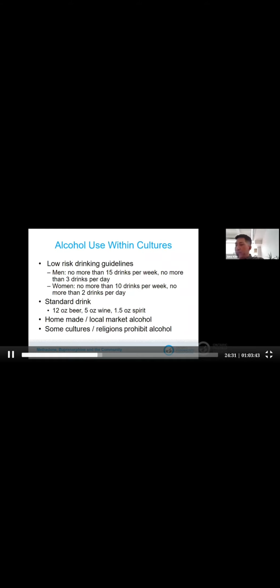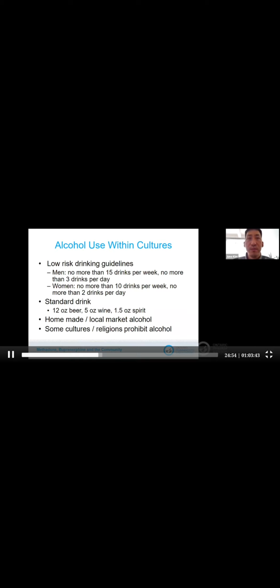So when we're looking at substances, one example is alcohol use within cultures. Again, we have to take into account that different cultures have different ideas in terms of substance use.